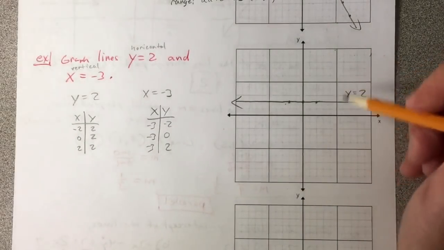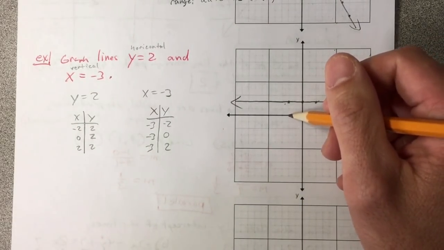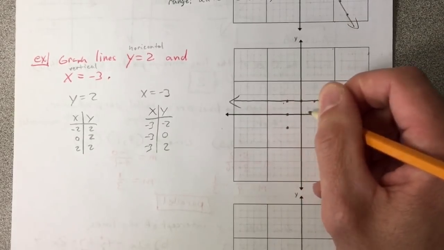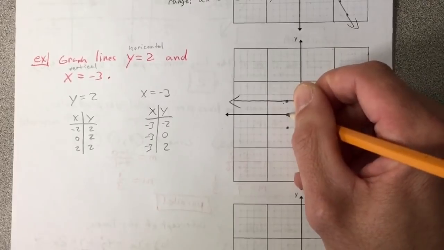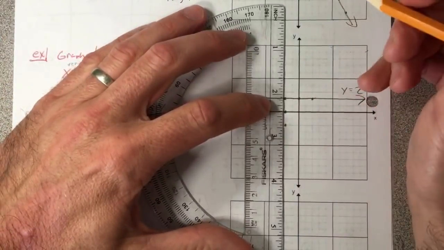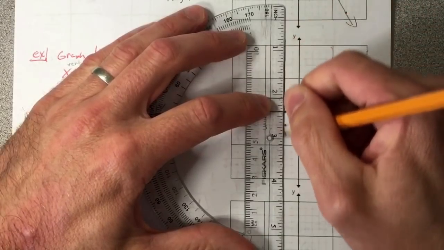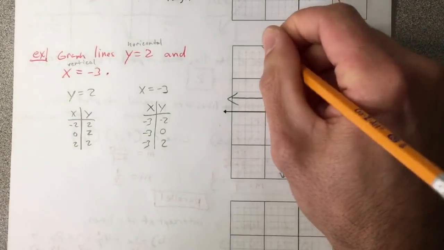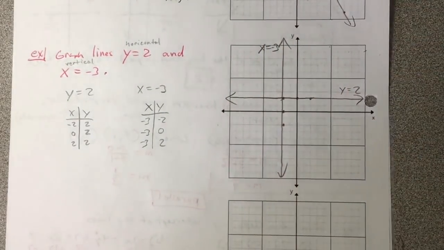When you plot those points, (-3, -2), (-3, 0), (-3, 2), you quickly see that if you connect them, they're a vertical line, like so. And that was at x equal to -3. So hopefully that helps you to differentiate. Whenever it says graph a line and you only have one of the variables, an x or a y, it's either going to be horizontal or vertical.